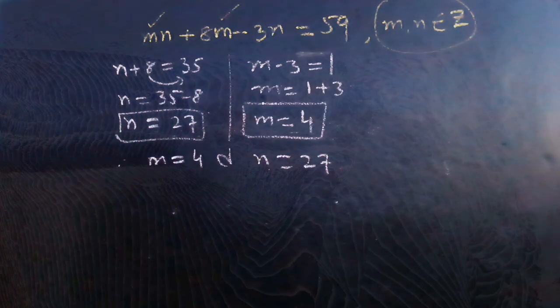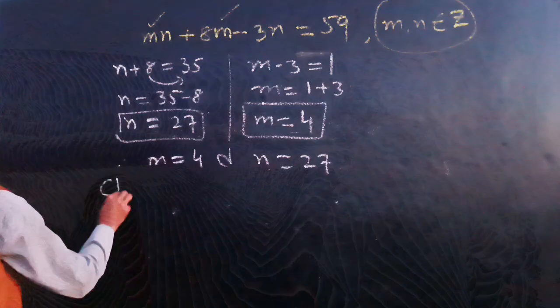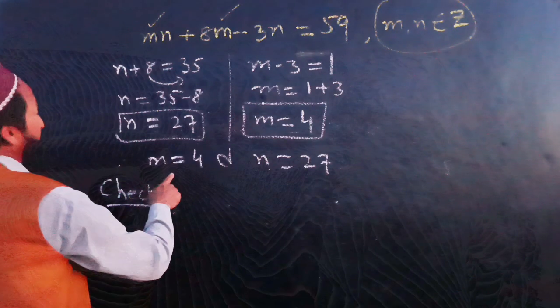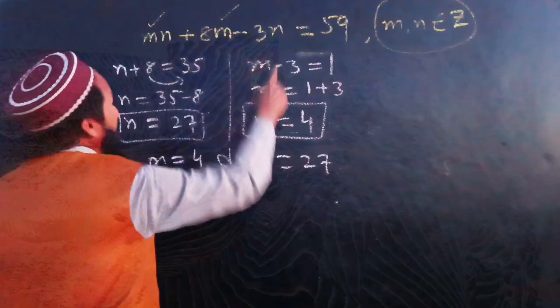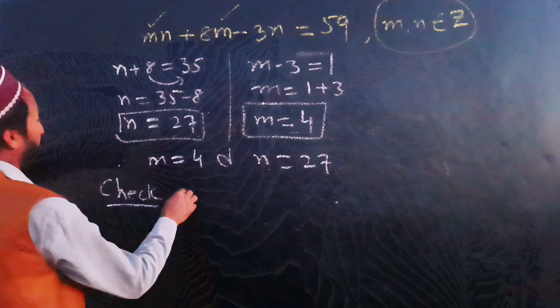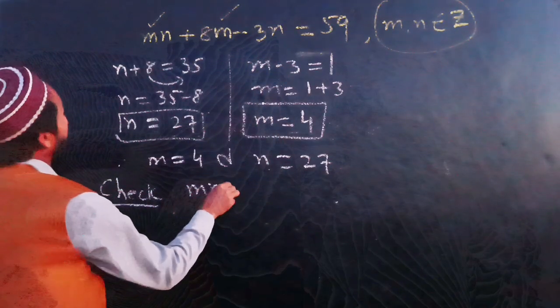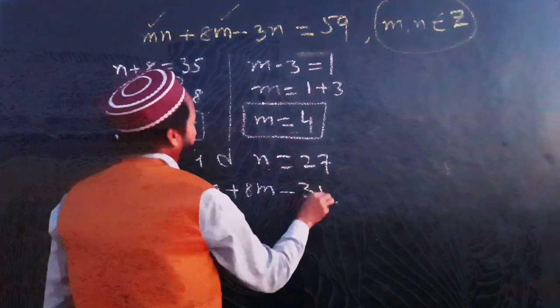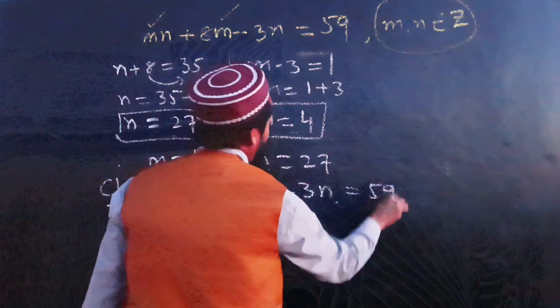If we want to check verification, in the place of m and n we put in the above equation mn + 8m - 3n is equal to 59.